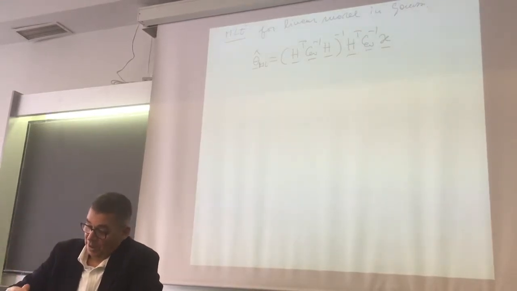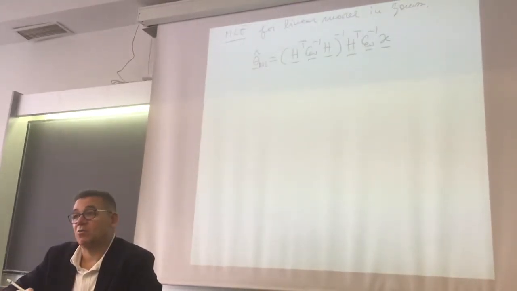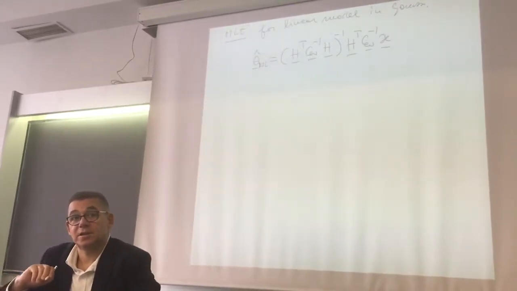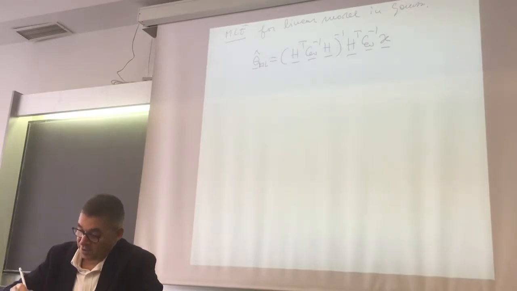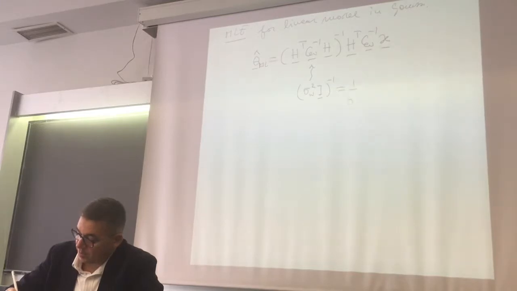So now this is my least squares estimate. Now, for instance, I want to investigate a little bit what my least squares is. Since C_W is sigma squared W times identity, its inverse is 1 over sigma squared W times identity.